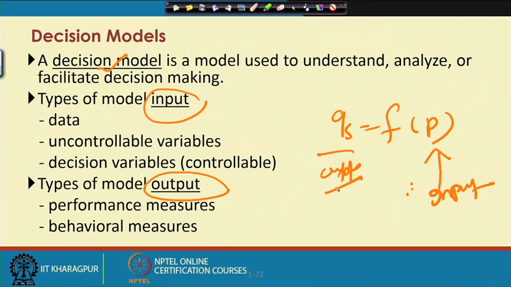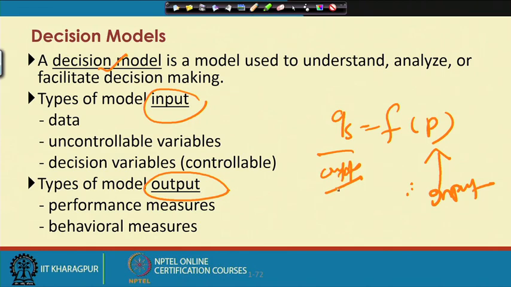So, for the types of models, so far as input is concerned, there are data, uncontrolled variables and decision variables, right. That means some are controlled and some are not controlled. Still you are in a process to prepare the model, design the model, build the model, and take the decision accordingly.